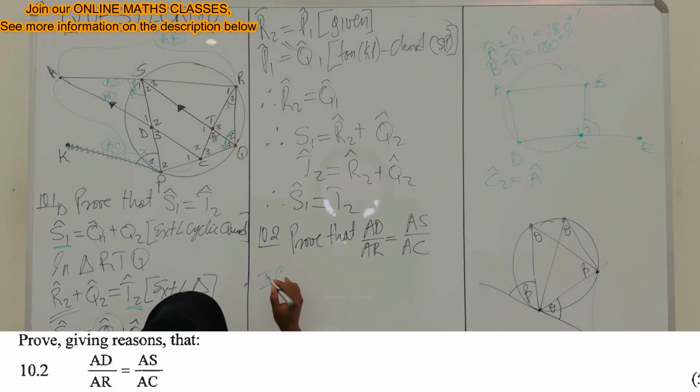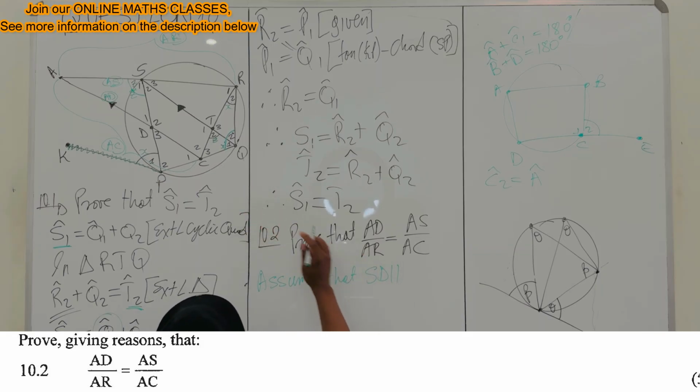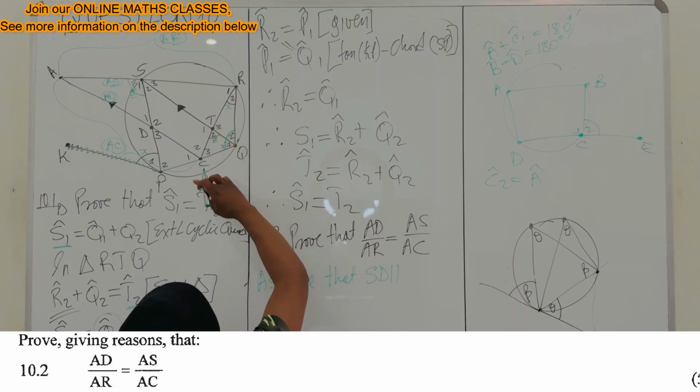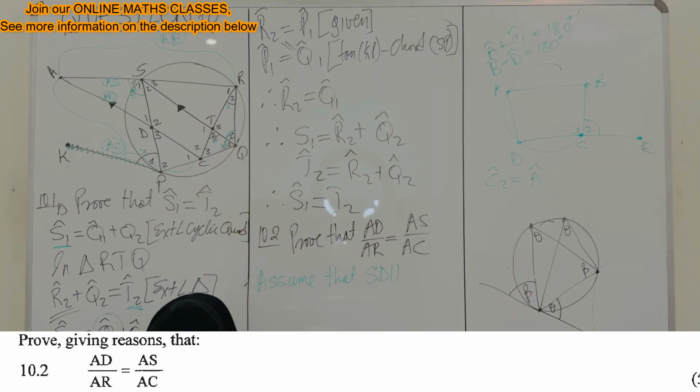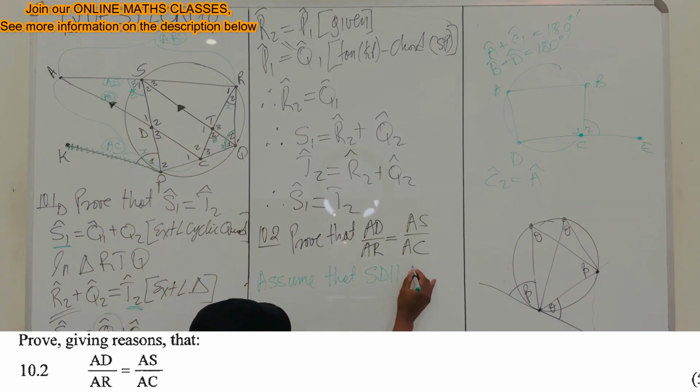if SD was parallel, I'm not saying we should write it like this. You must try to relate these things. So I'm going to assume first that SD is parallel to CR.